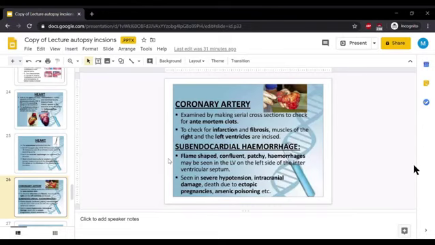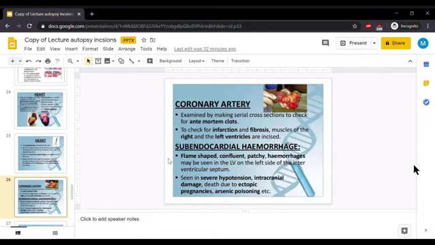Coronary arteries are examined by making serial cross-sections to check for antemortem clots. To check for infarction and fibrosis, the muscles of the right and left ventricles are incised.